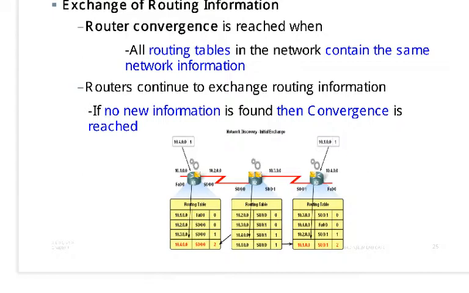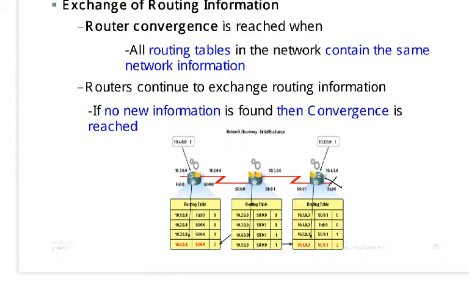So routers continue to exchange routing information despite the fact that they have reached the state of convergence. Why? Because we need to account for any changes that might happen. And this is the trickiest part, which we need to talk about. A change that could happen is, for example, you have one link goes down.